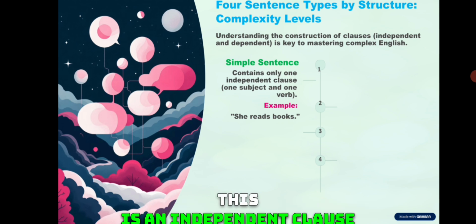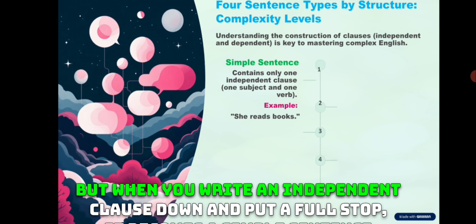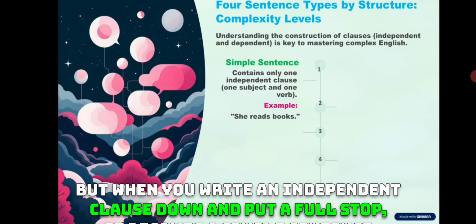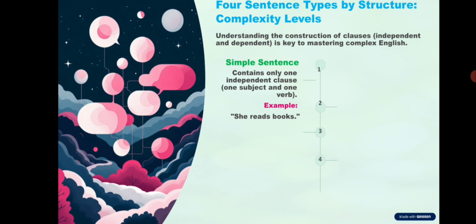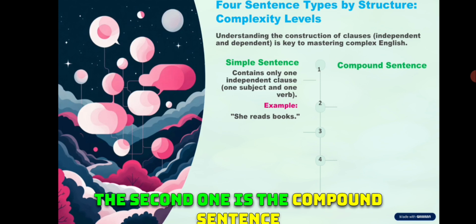This is an independent clause, but when you write an independent clause down and put a full stop, it becomes a simple sentence. It expresses one idea. It contains one clause.